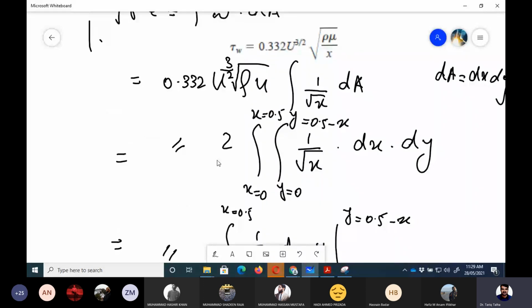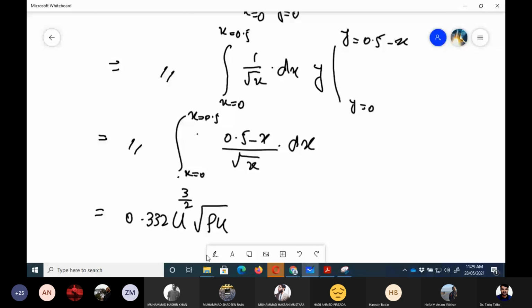Because we are integrating only up to the center line, due to symmetry we multiply by 2. So that 2 would come in here, and then if we put the limits, it would be 0.5.